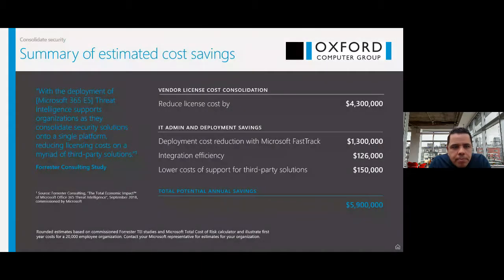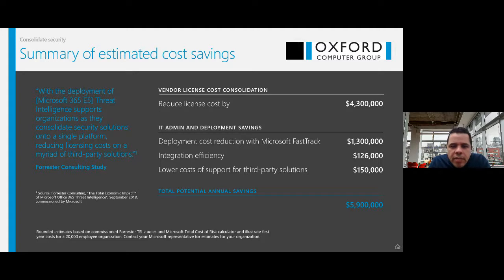So in sum, from the financial aspect of the benefits moving to a consolidated environment using Microsoft 365 security, these numbers were taken from, again, the total economic impact study that Forrester ran for Microsoft, and it was based on a 20,000 employee organization. So in this scenario, that organization was able to reduce licensing costs by $4.3 million.